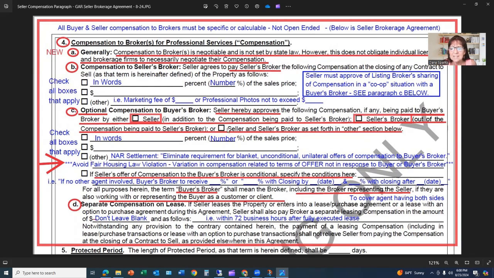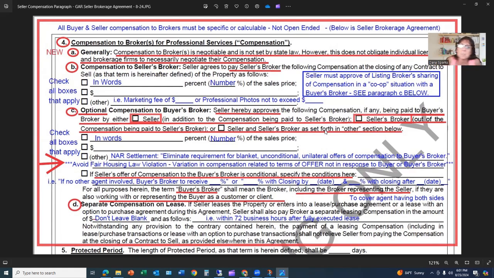This third box is if it is a combination of that. So the seller up front could say, okay, listing broker, my agent, I'm going to pay you X amount of dollars. You can share part of that with a buyer's broker. And in addition, I'm willing to also compensate a buyer's broker directly an additional certain amount of money based on a percent of the sale price or flat fee.